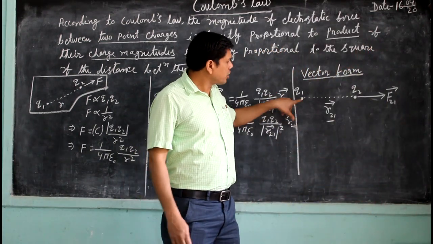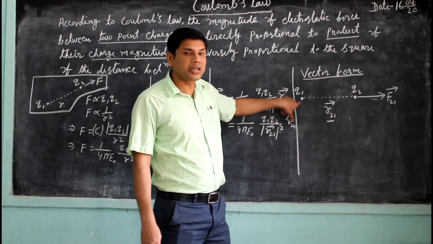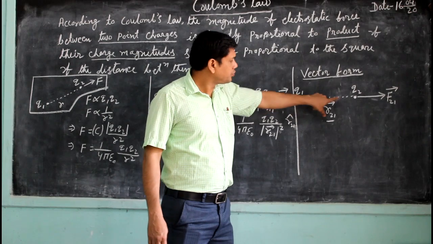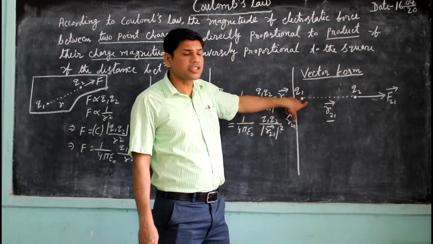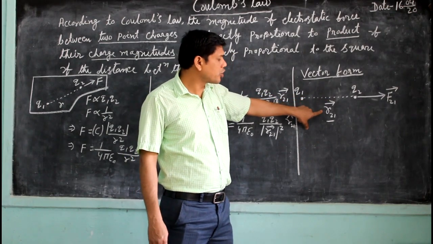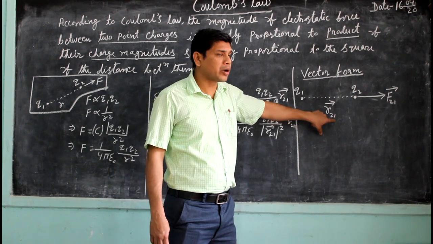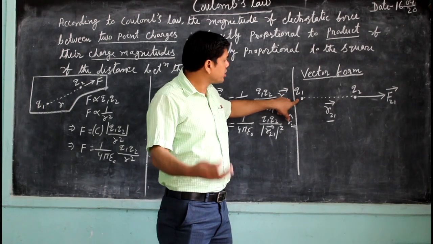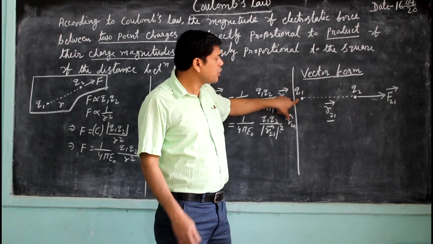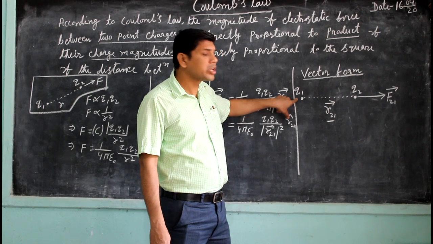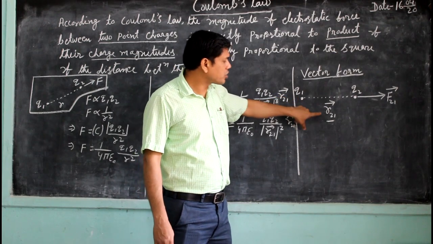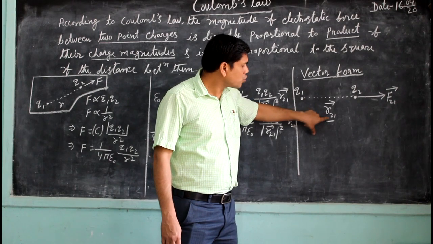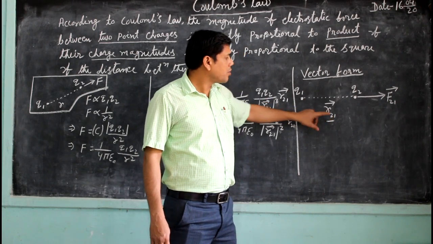Again, we have taken two point charges, Q1 and Q2, and the distance between them is denoted by vector R21. What is R21? R21 means the position of the Q2 charge with respect to the Q1 charge. That's why we have denoted it by vector R21.